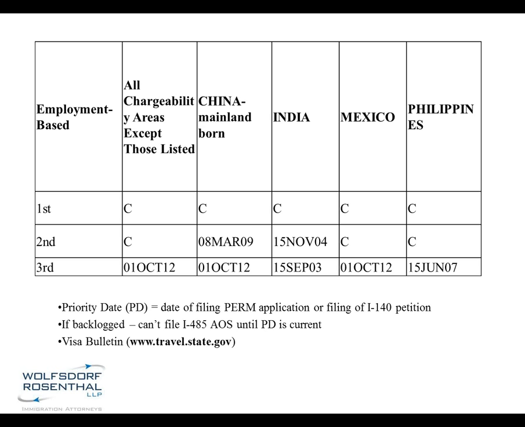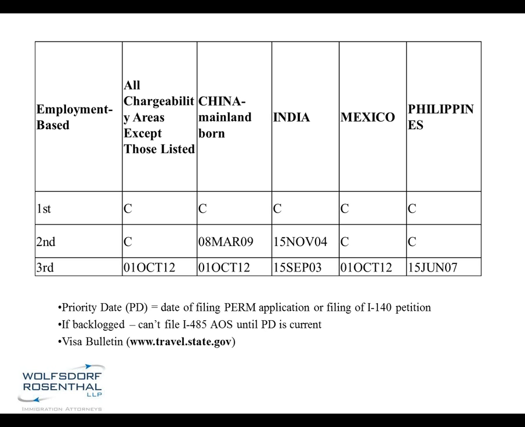And if you're not familiar with the Visa Bulletin, it can be extremely confusing. I won't spend a lot of time on it, but if you have follow-up questions, my contact information is going to be at the end, and you can certainly reach out to me.